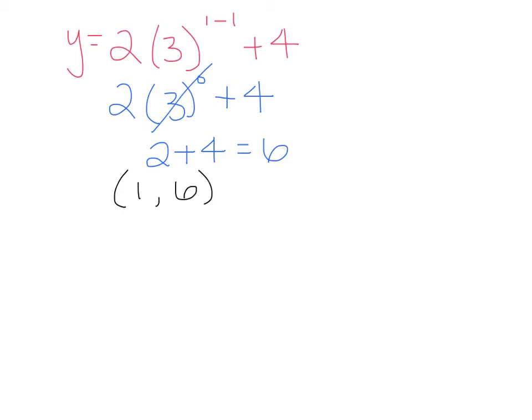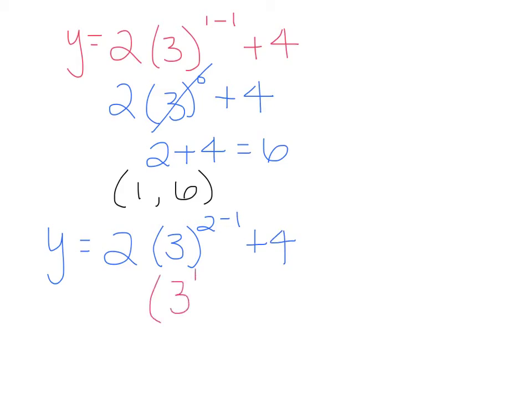Okay, plug in your last value of x, 2 times 3 to the 2 minus 1 power plus 4. 2 minus 1 gives me 3 to the first. 3 to the first is 3, times 2 is 6, and 6 plus 4 is 10. So the last point you're going to graph is 2, 10.